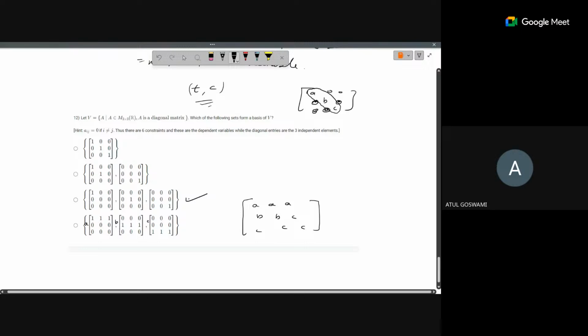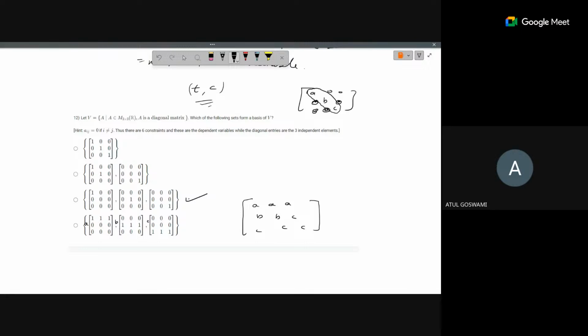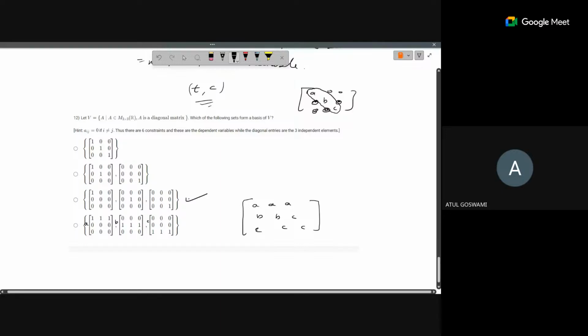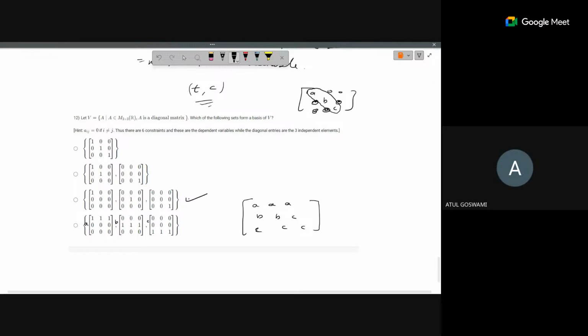So what is this? It could be the identity matrix. The identity matrix is also a diagonal matrix.